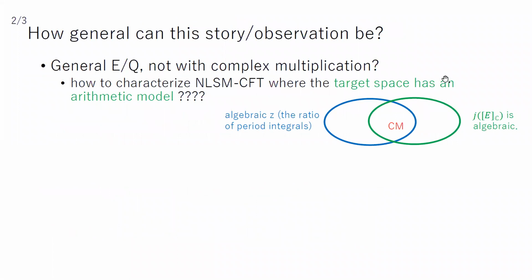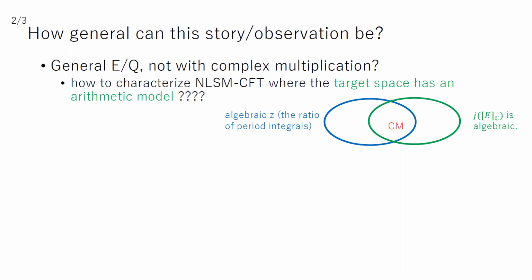Here's the second question, about how general this observation is going to be. In the context of Shimura, Taniyama, Weil, and Wiles and Taylor, that story should hold for any elliptic curve defined over the field of rational numbers, so we don't have to require that the complex multiplication is there.